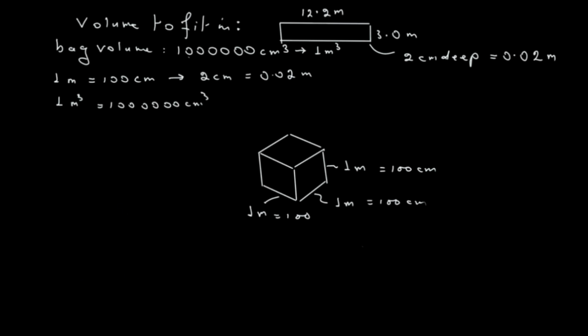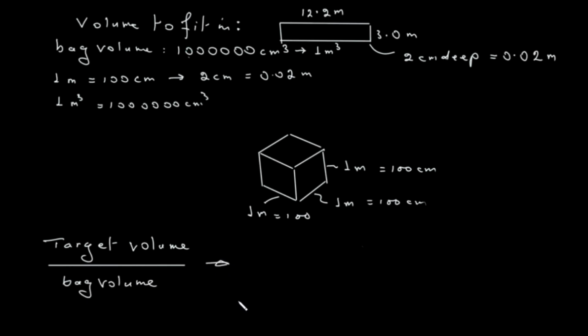So what we have here is the target volume over the bag volume, right? So that would give me target volume is 12.2 meters, that length, times that length, 3.0 meters, times the thickness, which is that.